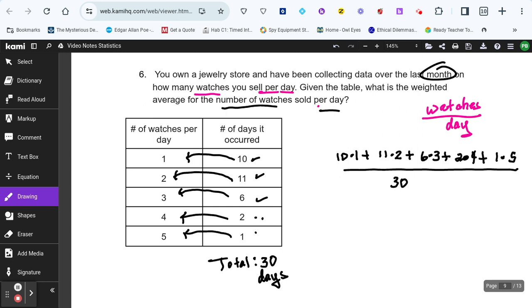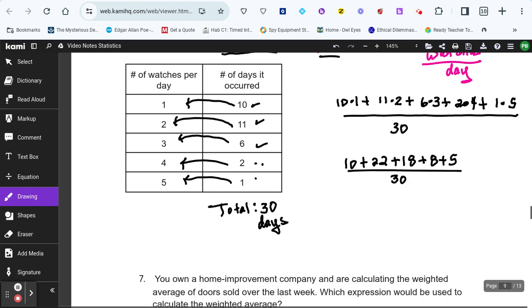So I have 10. 1 times 10 is 10. 11 times 2 is 22. 6 times 3 is 18. 2 times 4 is 8. And 1 times 5 is 5. Divided by 30. So we got 10 plus 22 plus 18 plus 8 plus 5 equals 63.